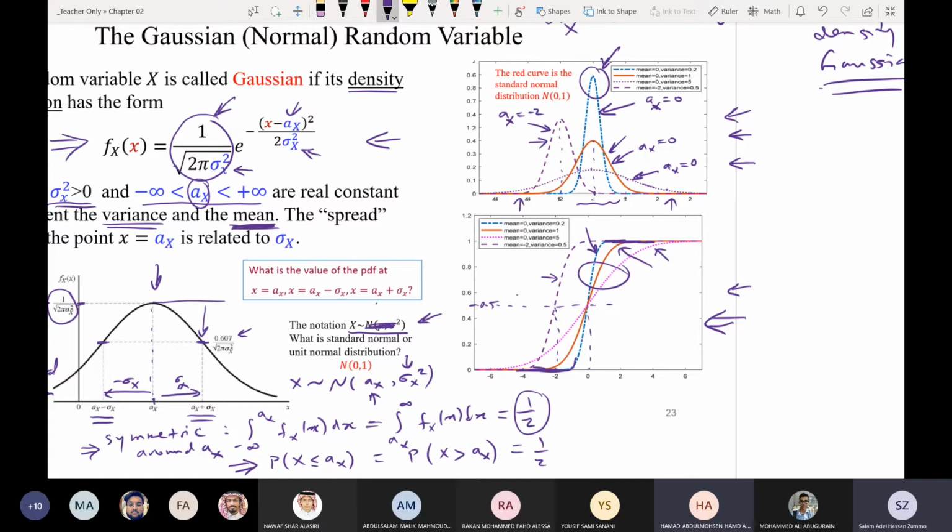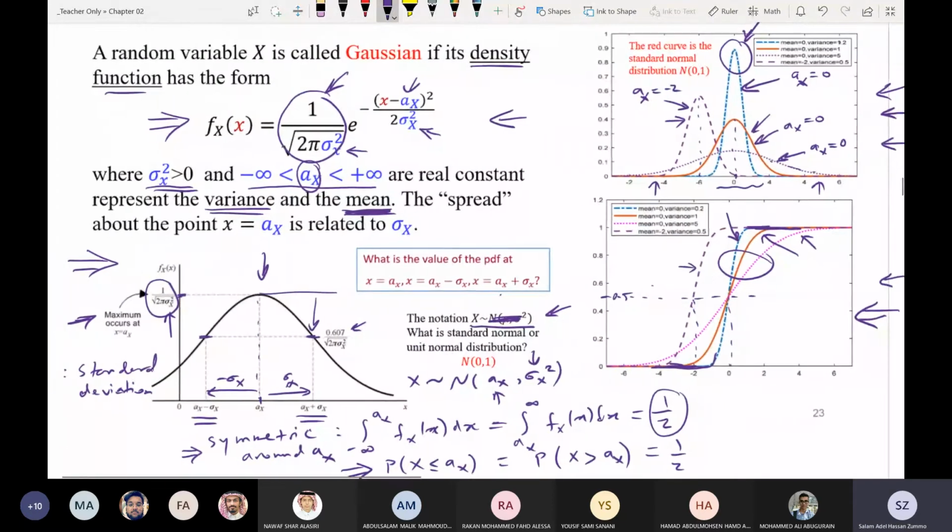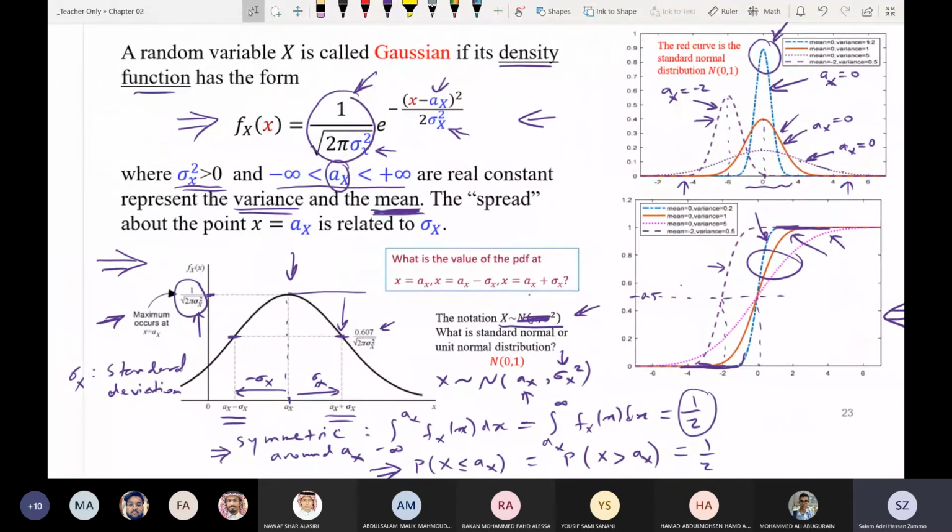And the last point I want to mention about the PDF of Gaussian is this maximum. The maximum is divided by sigma x squared. So as sigma x squared increases, the curve becomes wider, however the maximum becomes smaller.